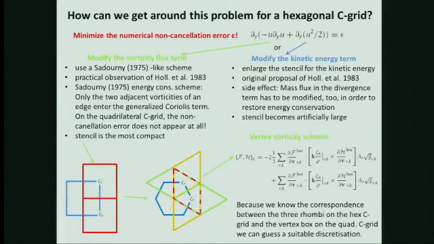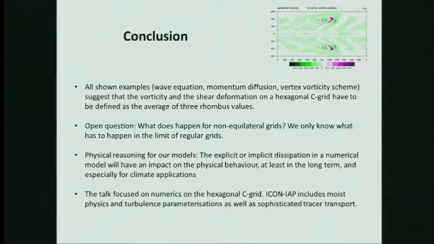And by observing that he used just the vertex vorticity, I thought, okay, I also just use the vertex vorticity, but the vertex vorticity which is the average of the three rhombi. And so I developed a scheme for the generalized Coriolis term, which is very similar to this Zdunkowski scheme, which does not have the Hollingsworth instability, and voila, that's the result.